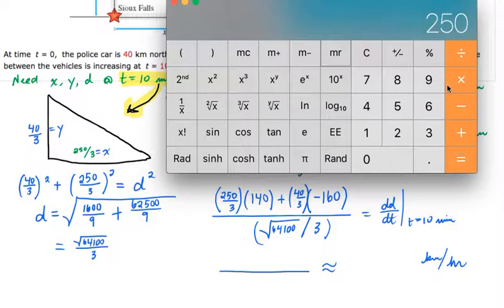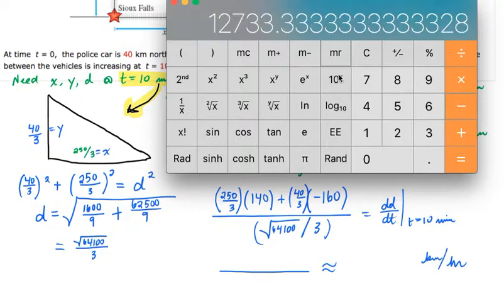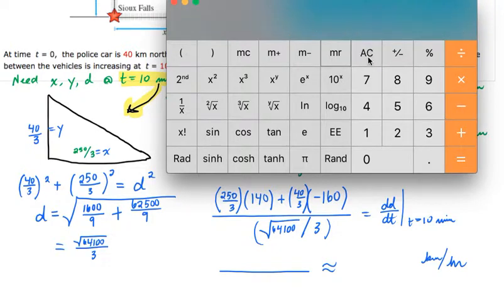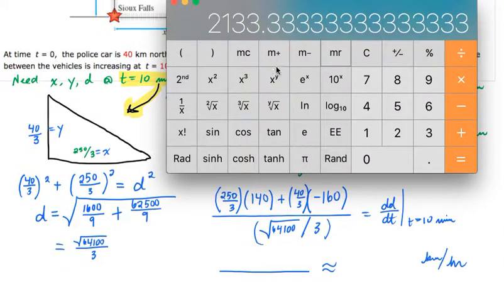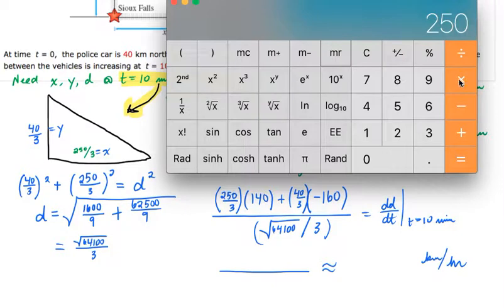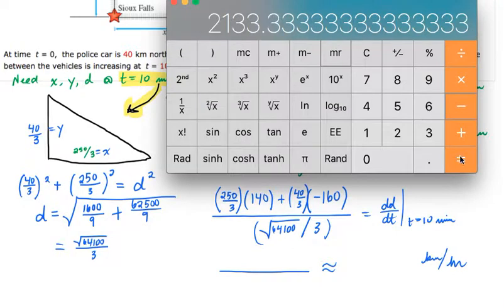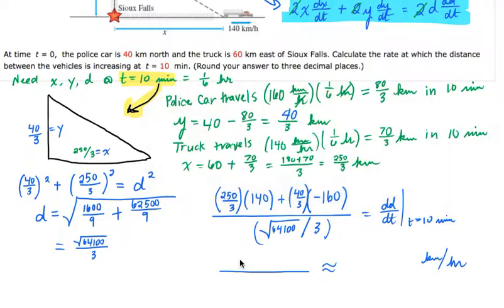Now I'm going to do 250 times 140 over 3 minus the recall, since it's still not the right recall number. Memory clear, let's try this. 40 times 160 over 3. Store that. Now 250 times 140 over 3 is that minus the recall. That looks more correct. Okay, it is 9533.3 repeating, that's in my numerator there.